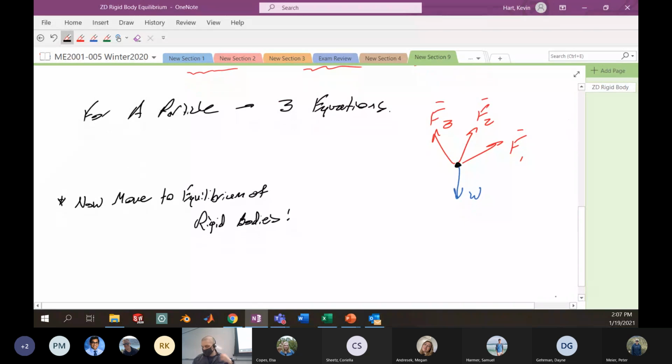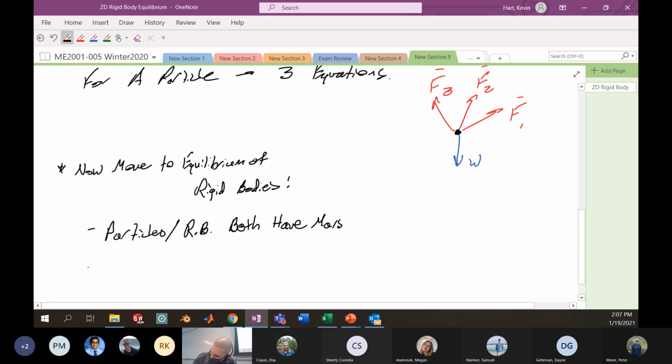And what's the difference between a particle and a rigid body? Well, particles and rigid bodies both have mass. But only rigid bodies have volume.